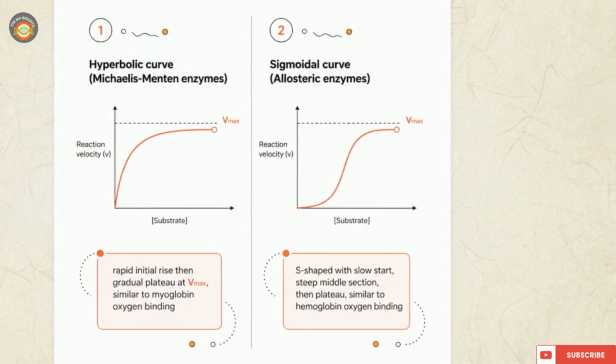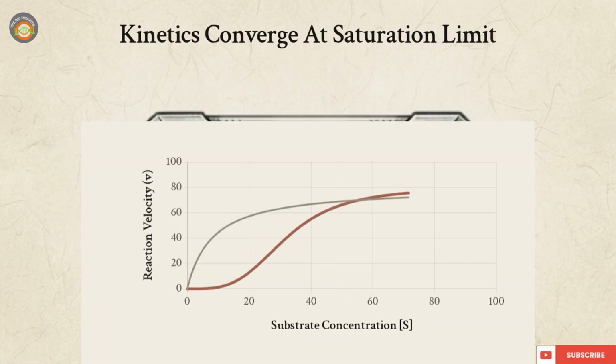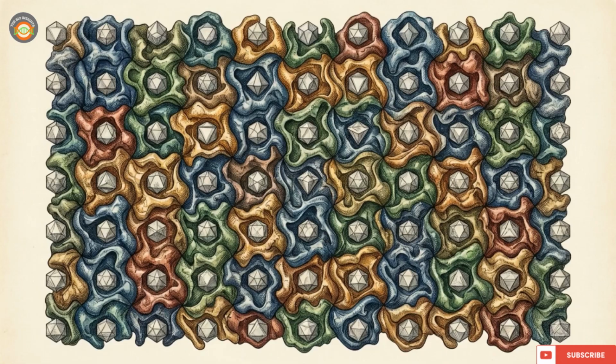Complex allosteric enzymes dictate a different pace. They produce a sigmoidal curve, starting slow, steepening, then reaching that exact same plateau. Whether the path is hyperbolic or sigmoidal, the plateau at the top of these charts represents the strict physical reality of a fully occupied biochemical system.